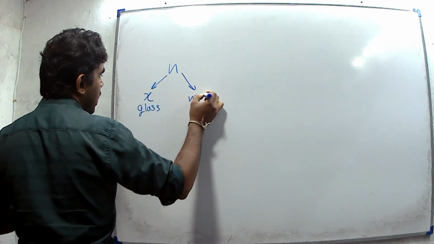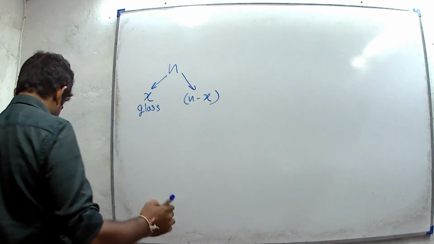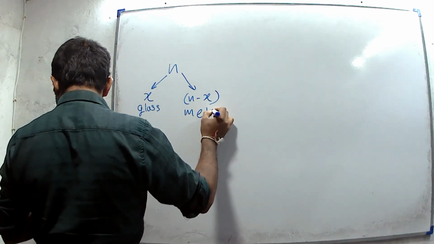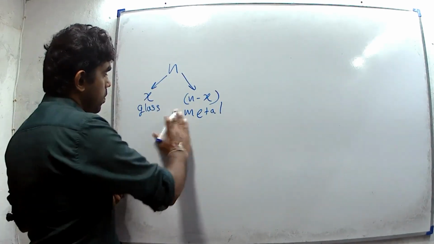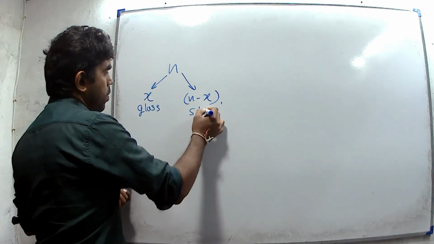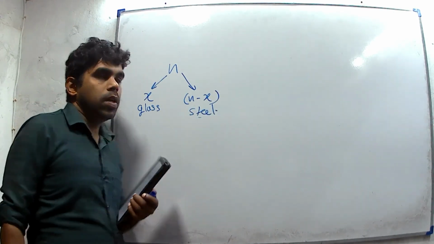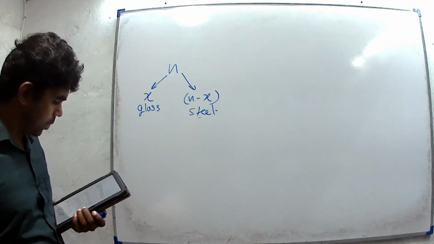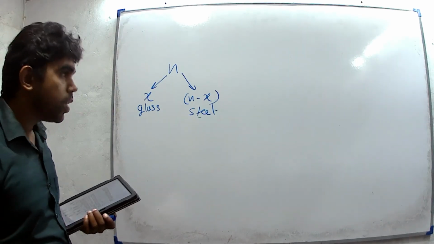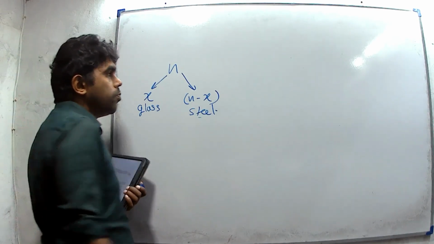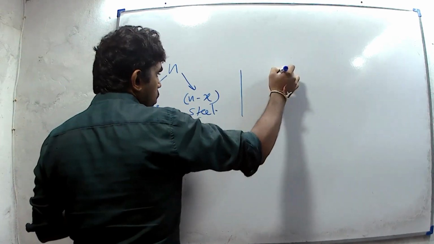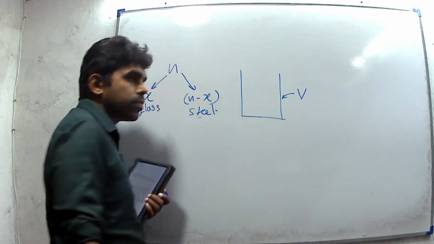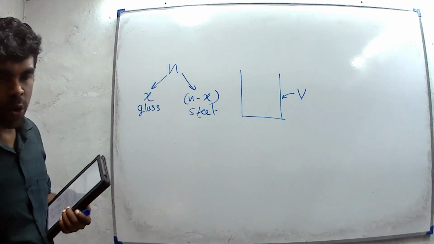Then n minus X are metal balls, steel balls. We have to get the total volume. Now, the volume of the container is V. It is the total volume of the system.